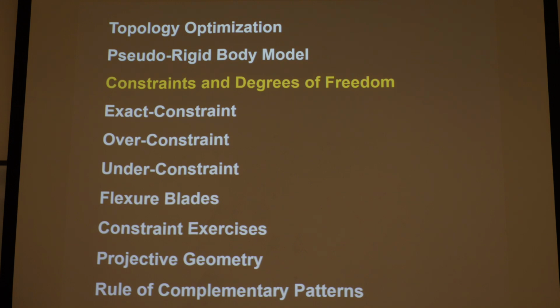Okay, so the third approach is constraint-based design, essentially. It's not nearly as systematic or rigorous a design approach. It's just kind of understanding principles of how things behave when they're constrained or not constrained, and then using your experience of that to kind of design stuff and constrain it so it moves the way you want with high compliance, but is constrained and restricted to move in other ways you don't want with high stiffness.